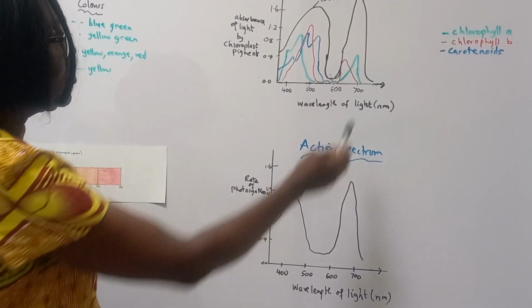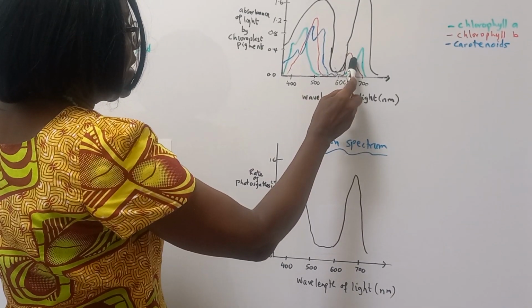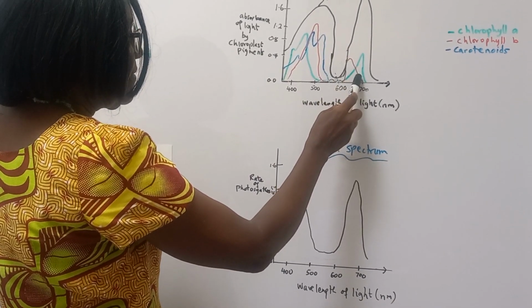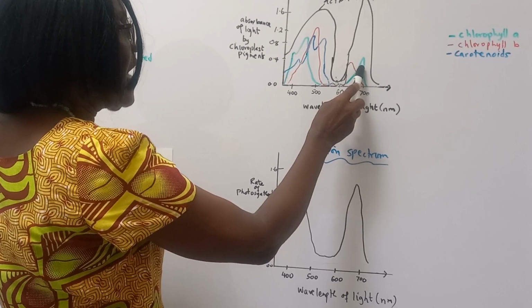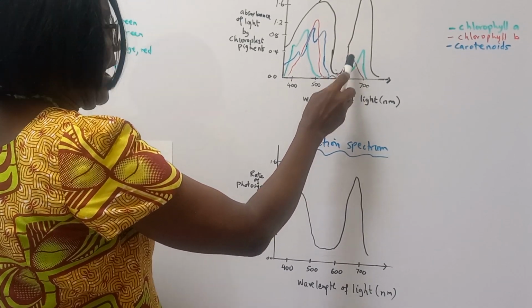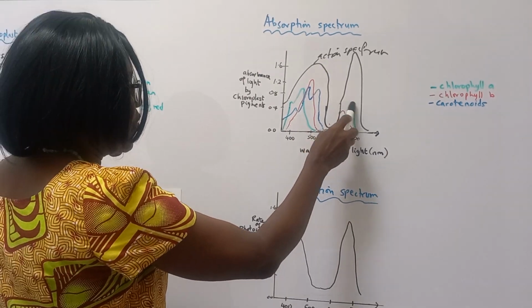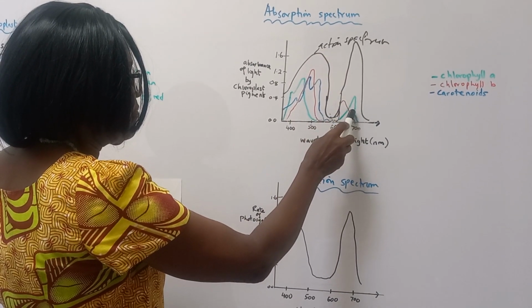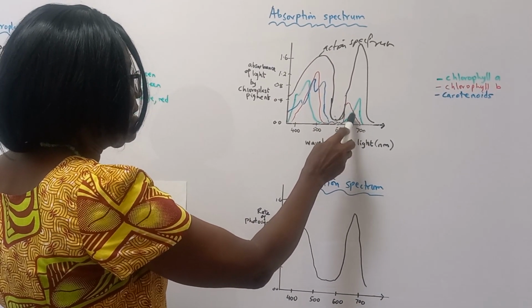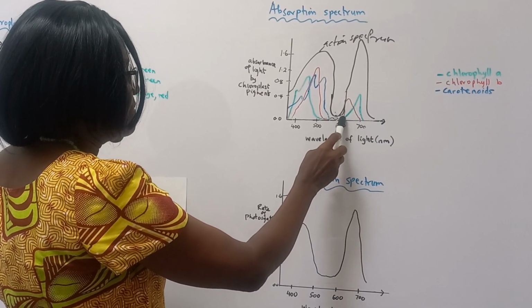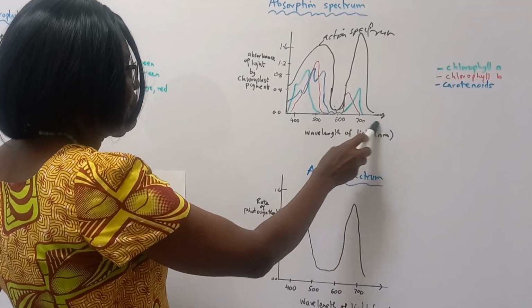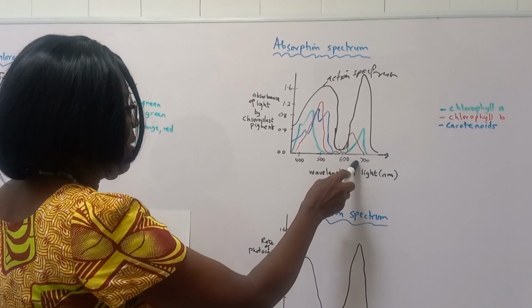You know that we have chlorophyll A and chlorophyll B. Chlorophyll A is the main photosynthetic pigment, and chlorophyll B is an accessory. The main photosynthetic pigment absorbs as much as possible from the orange-red ends of the spectrum.